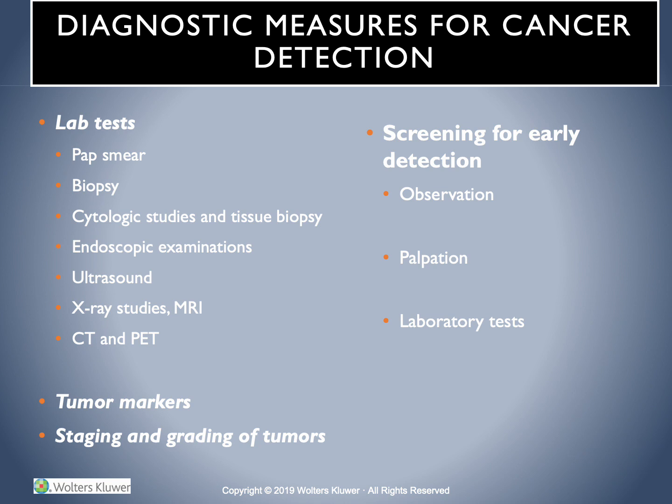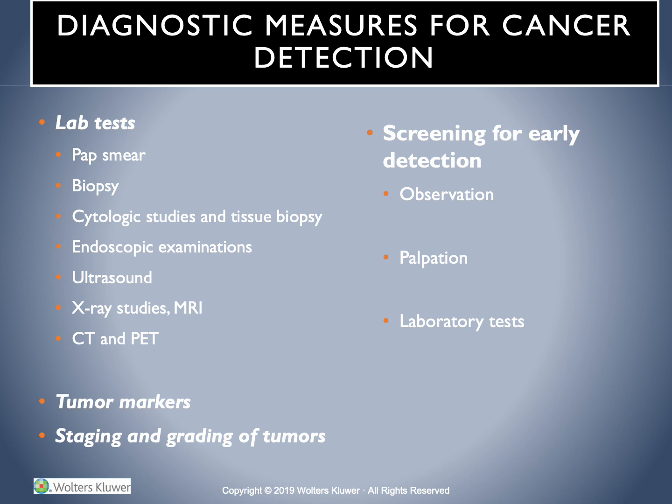Laboratory tests can help detect certain substances or markers that may indicate the presence of cancer. An example of that is an alpha fetoprotein test. Blood tests measure the level of a certain substance, such as a tumor marker or specific protein that may be elevated in the presence of cancers.